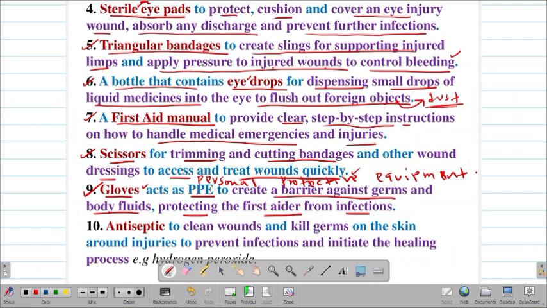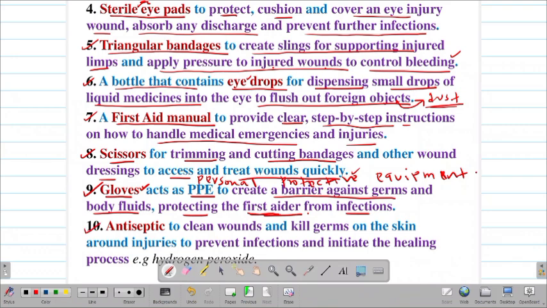So the function is to protect whoever is performing the first aid, or what we are calling the first aider, from acquiring infections from that particular wound that the person is treating. Remember, the wound could contain some living microorganisms causing infection, such as bacteria, fungi, or virus. So the gloves will protect whoever is treating the patient from acquiring those particular infections.